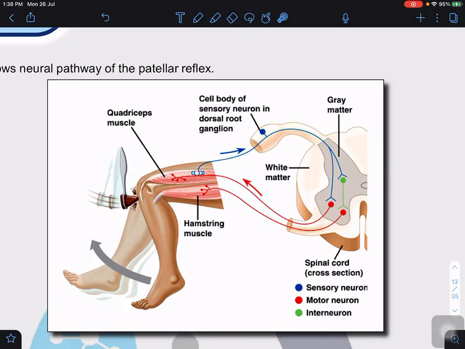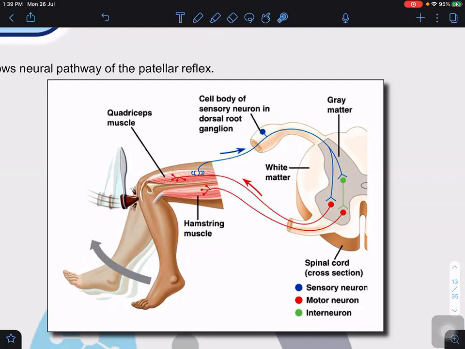So what happens here is when you hit the kneecap, you can see that the jerking takes place without your control. You don't ask for it, right? When you hit the kneecap, does your brain control it, saying, oh, please have the jerking effect? No, right?